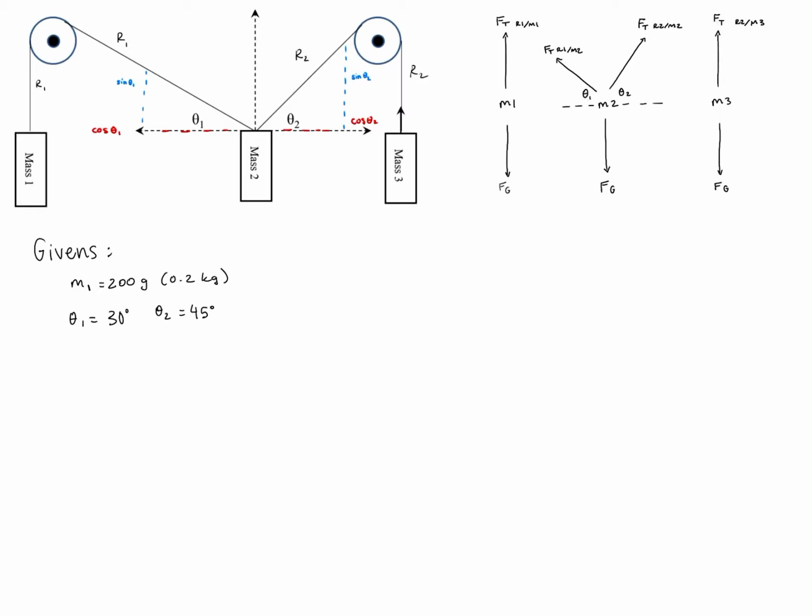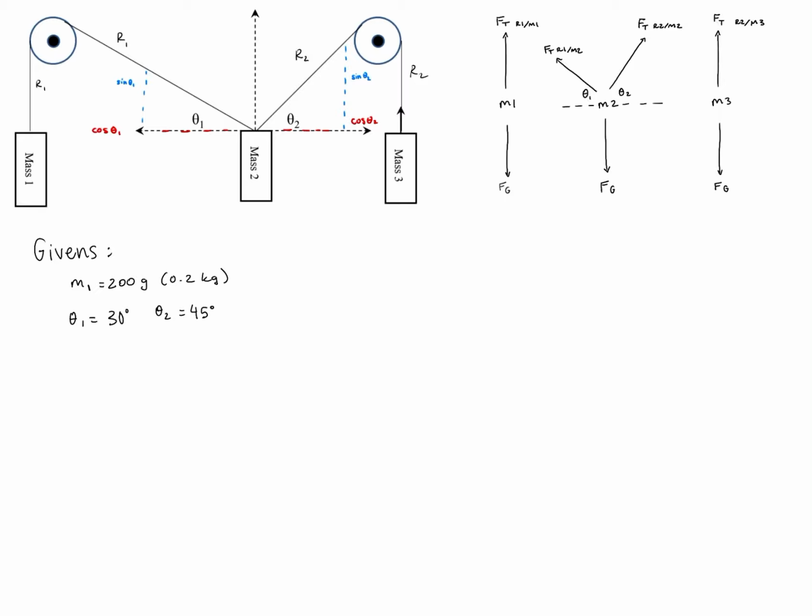So, first of all, for mass 1 and 3, it's pretty simple because all you really have is force gravity pushing down, and then you have force tension pulling the mass up since it's suspended.